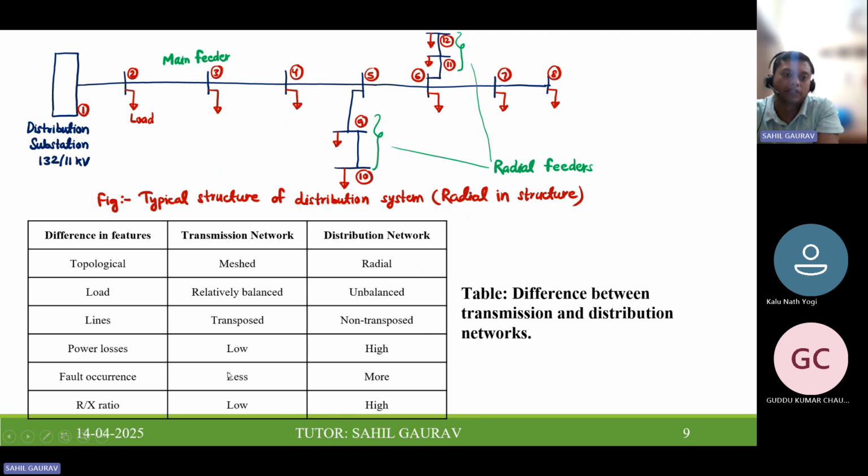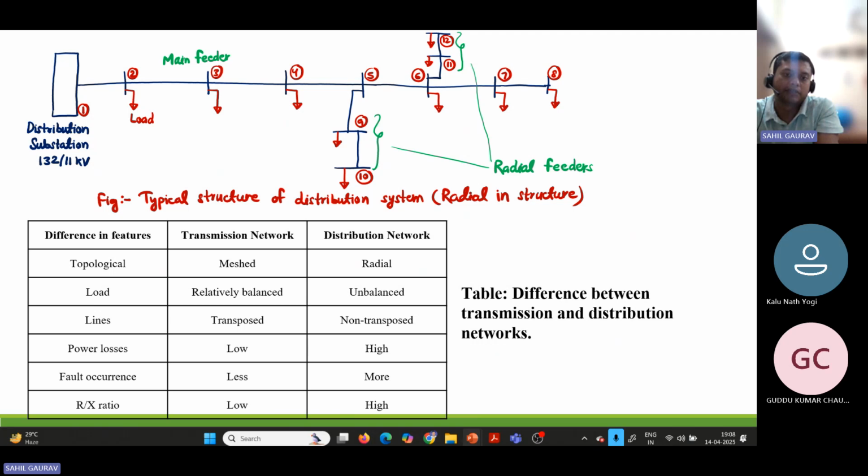Power losses are low in the transmission network, while in the distribution network power losses are quite high. Fault tolerance is higher in the transmission network, while fault occurrence is more in the distribution network. The R/X ratio is low in the transmission network, and it is high in the distribution network. So that's why power losses are also low in the transmission network and high in the distribution network.